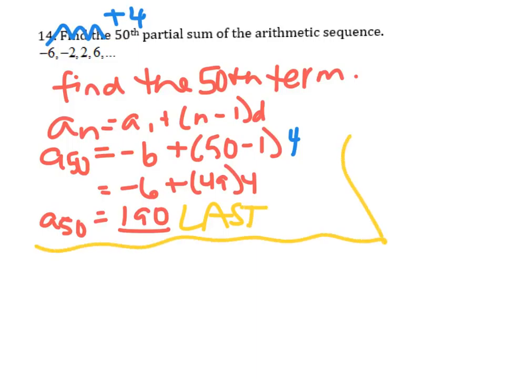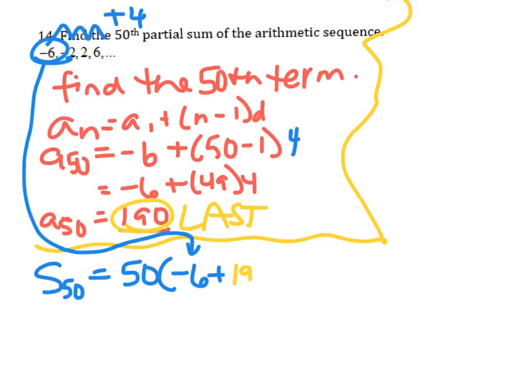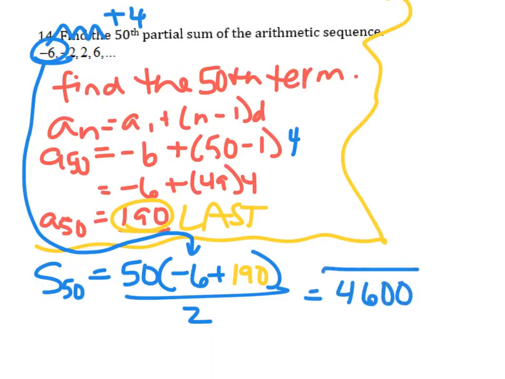Now, to find my sum of those 50 terms, that's 50 terms times your first term plus your last over 2. So that's going to end up giving me 4,600 for the total for all of this.